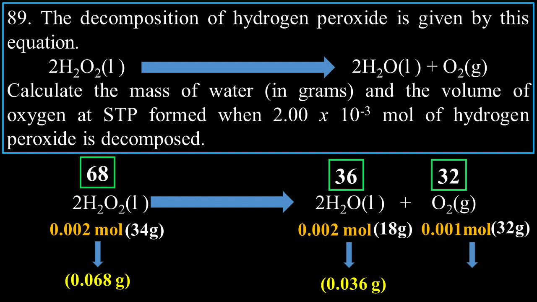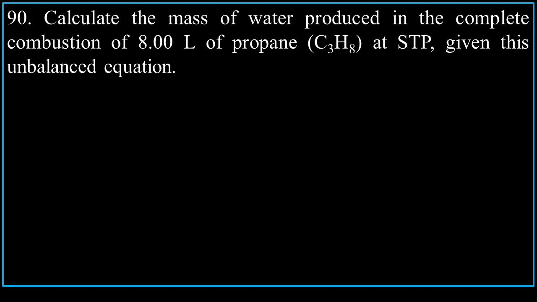So I'm getting 0.068 grams, 0.036 grams, and 0.032 grams. So in terms of moles times mass, that's what I'm getting for those values. That's where those values are actually coming from. And I just did that with mole ratios.